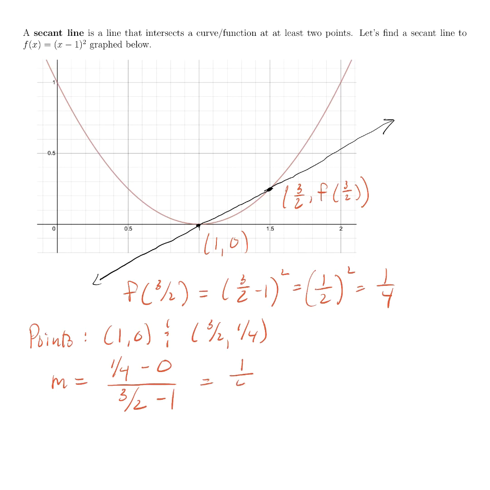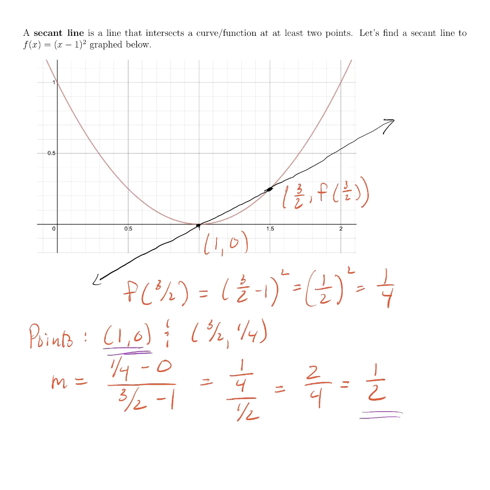This is 1/4 divided by 1/2. Multiply both numerator and denominator by 2, and that gets us to 2/4, or 1/2. So now we have the slope of our line. It is 1/2, and we have 2 points it goes through.